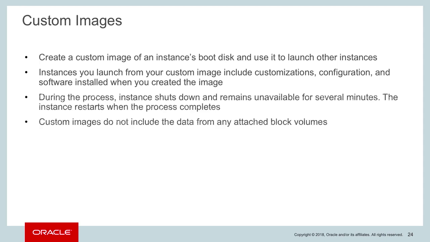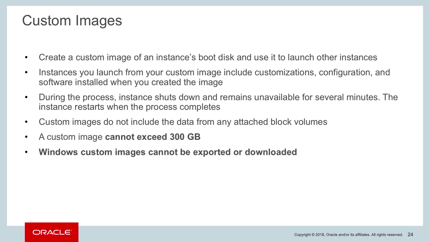It's important to mention that the custom image will not include data from any attached block volumes. It only gets the data from the boot volume, from the root partition. Also make sure that your custom image is not over 300 gigabytes. That's a limit, so you have to pay attention to it.